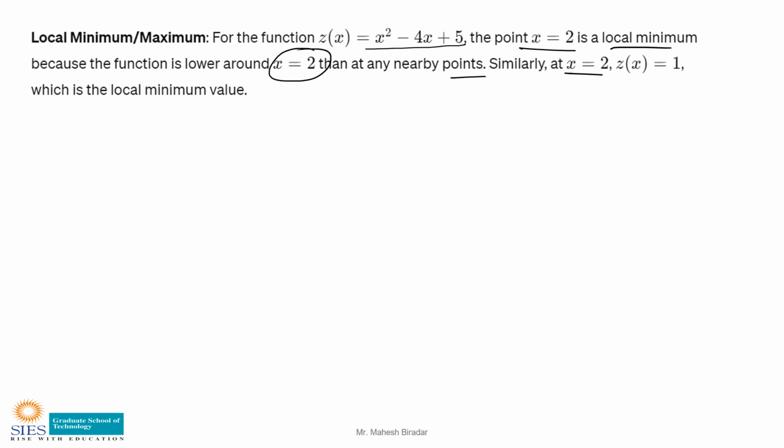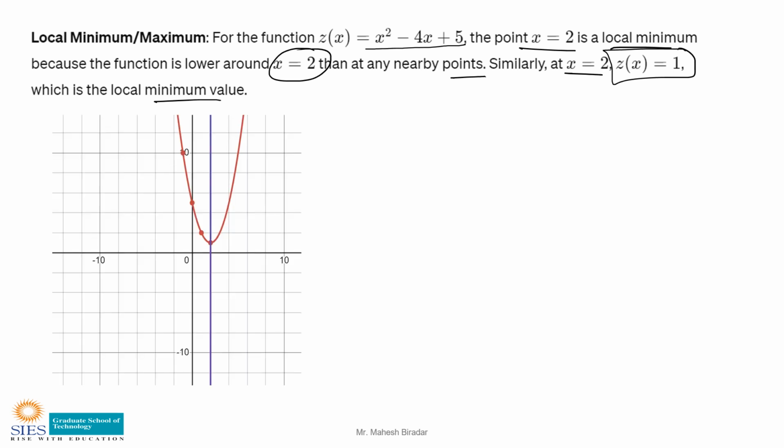Similarly, if we put x is equal to 2 here, z of x is equal to 1, which is a local minimum value. If you see here, x is equal to 2 is a point here. For x is equal to 2, this value of z of x is equal to 1. So this is a local minima.